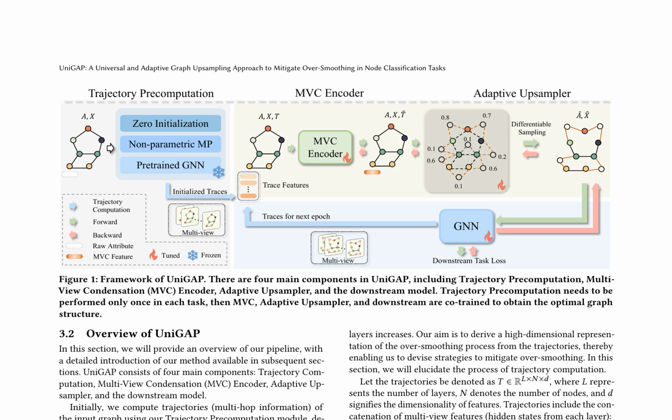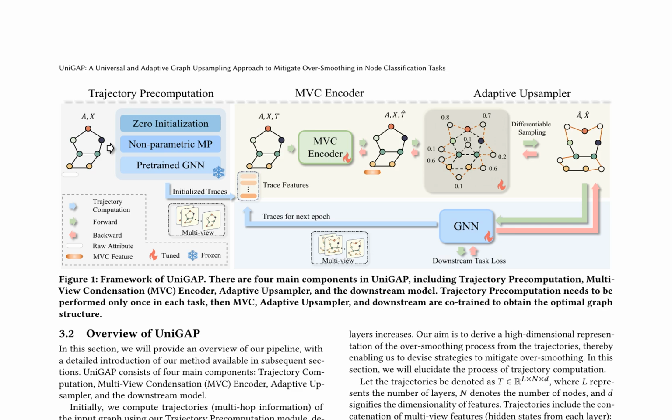These trajectories are then processed by the MVC encoder F_ω, R^(L×N×D) → R^(N×D), to obtain condensed information, denoted as T' = F_ω(T). The condensed information T' is used to compute the node insertion probabilities between each pair, denoted as P = U_φ(T'), where U_φ: R^(N×N) → R^(N×N×1) represents the adaptive upsampler module.